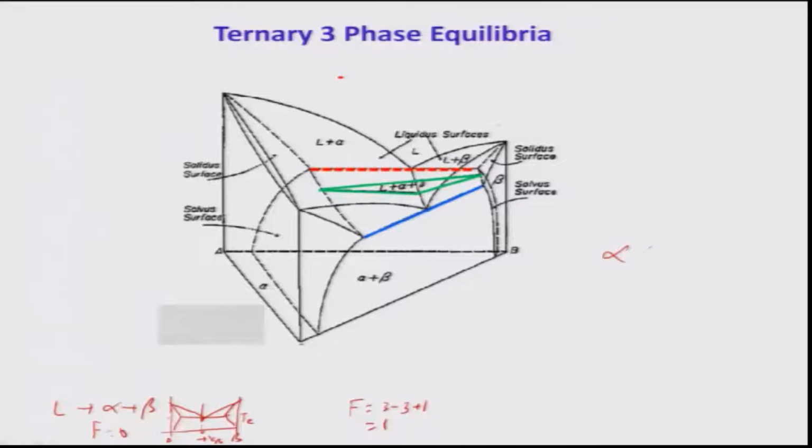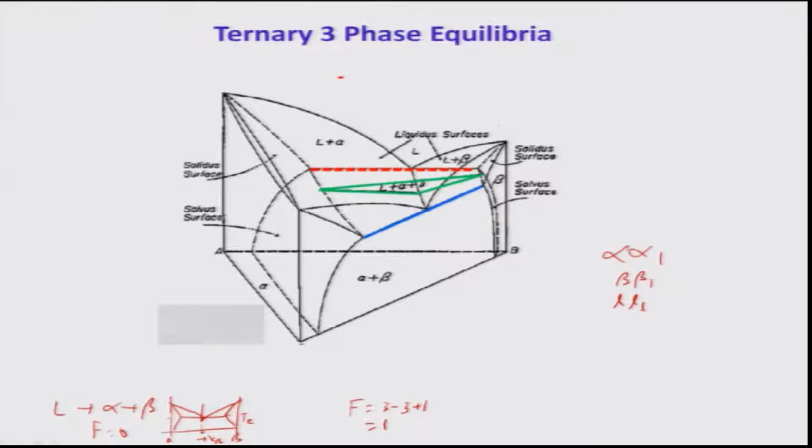The 3 curves are: one is alpha alpha 1, remember, another one is beta beta 1, and L L 1. Okay, I will explain. At temperature T, 3 phases alpha, beta and liquid are at equilibrium.